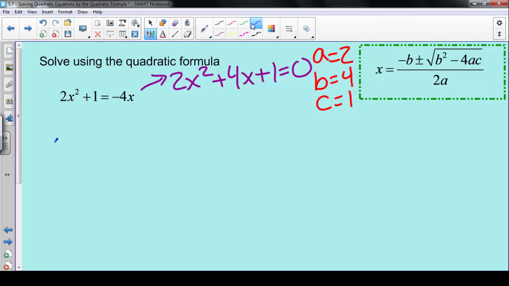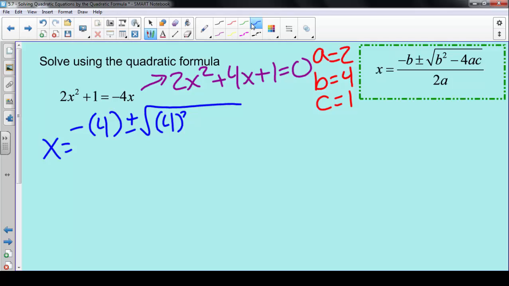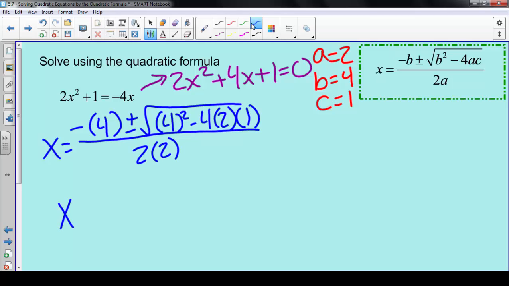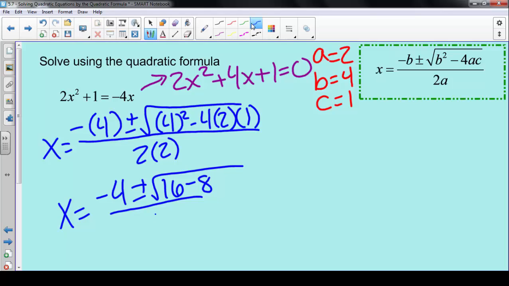And go ahead and plug it in. b squared, so 4 squared minus 4ac all over 2a. Negative 4 plus or minus 4 squared is 16 minus 8 over 4.